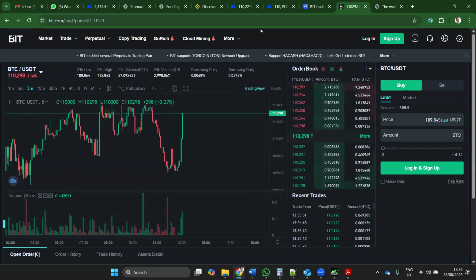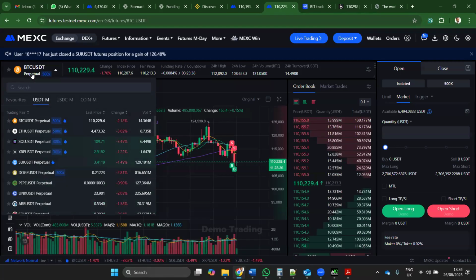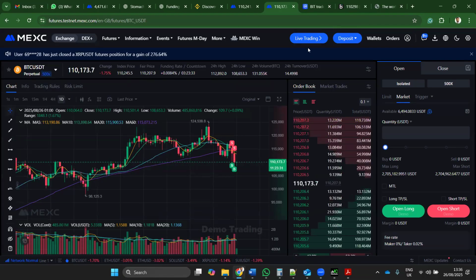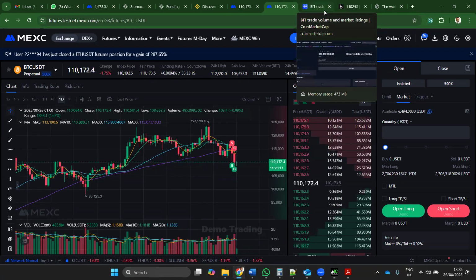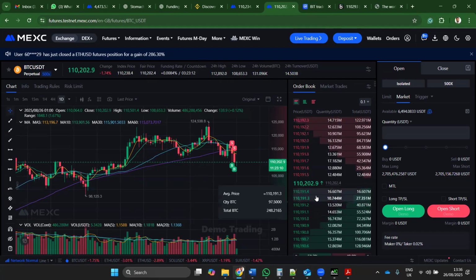But whenever you're trading in futures, which is called perpetual, meaning it doesn't have an expiry date, you're just betting with other people. These are people who are betting against each other. And this order book has nothing to do with the prices of the spot. That's why the prices here are always different from the spot prices.